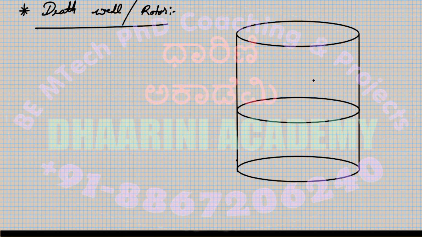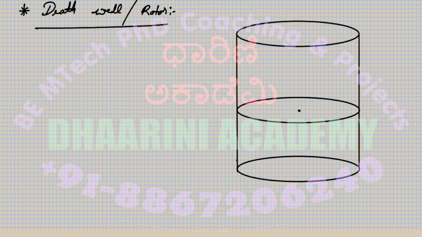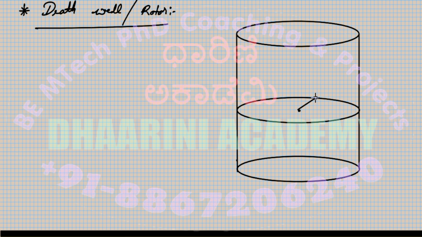Since the walls are at right angles to the horizontal, unless you reach a specific speed, you are not going to stay there, right? Because the downward force will attract you. Now let's assume that this is the center and there is a radius of this circle denoted like this.